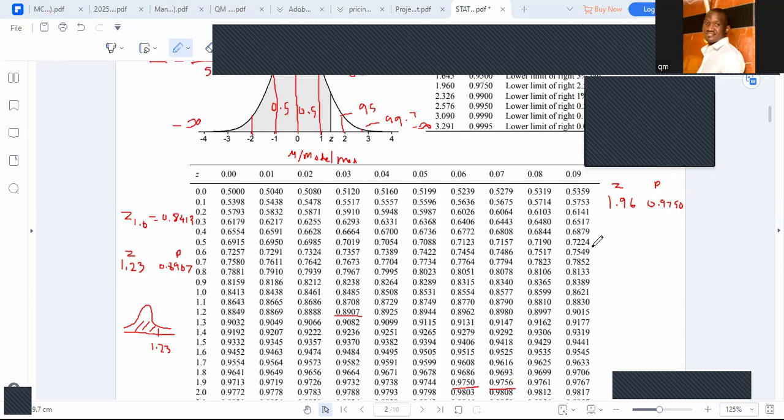All right, so you tell me the area between negative infinity and positive 2. If Z is between negative infinity and positive 2, what is the area?